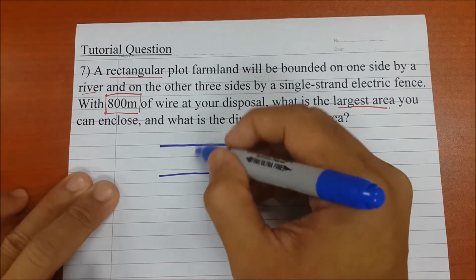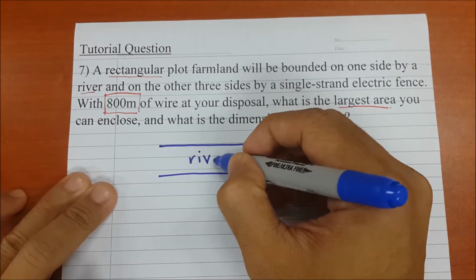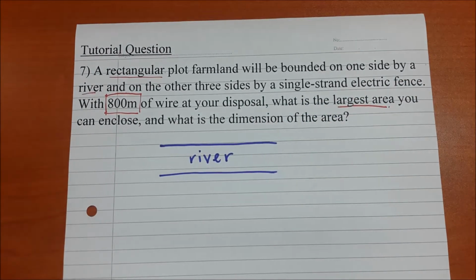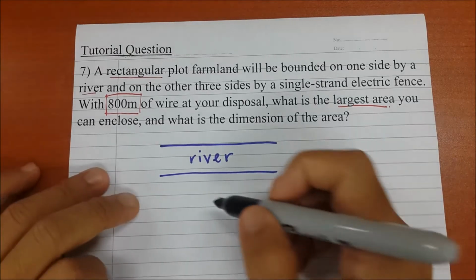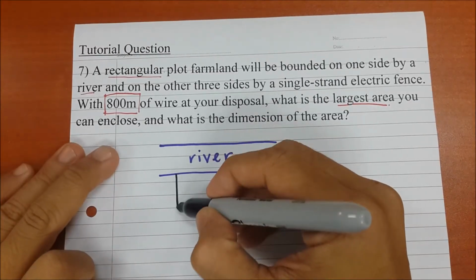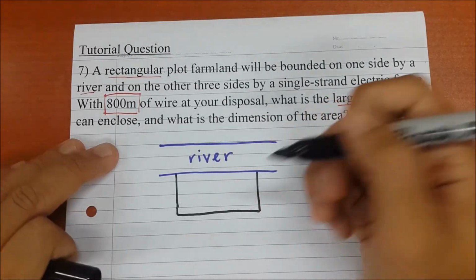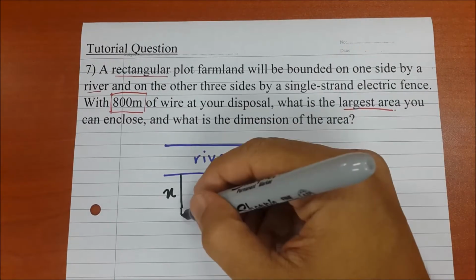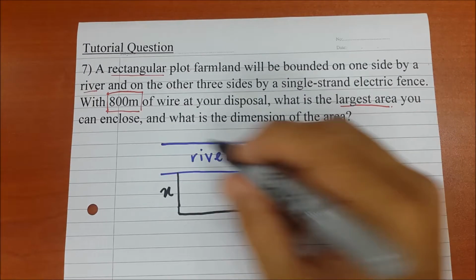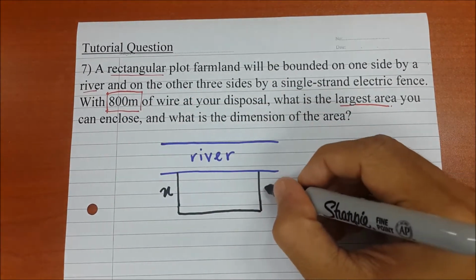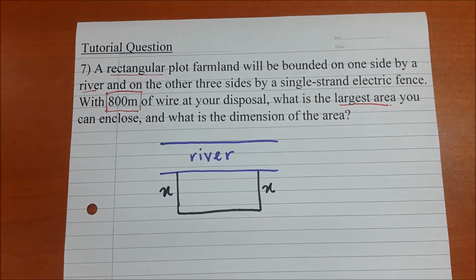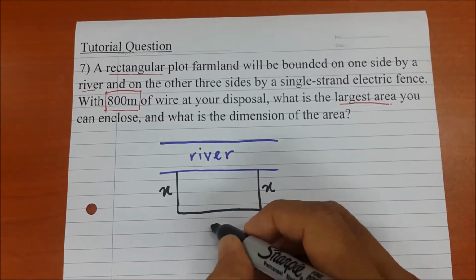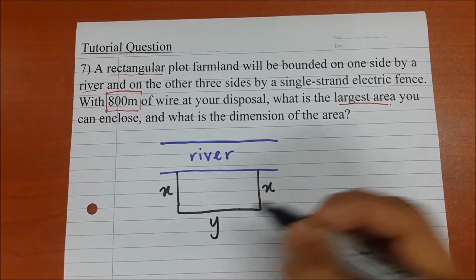Alright, so this would be our river and this is the farm. Right, one side of it will be X. Since this is X, this is going to be X because it is a rectangle. This is also X, and here we cannot have another X, so let's denote it as Y.